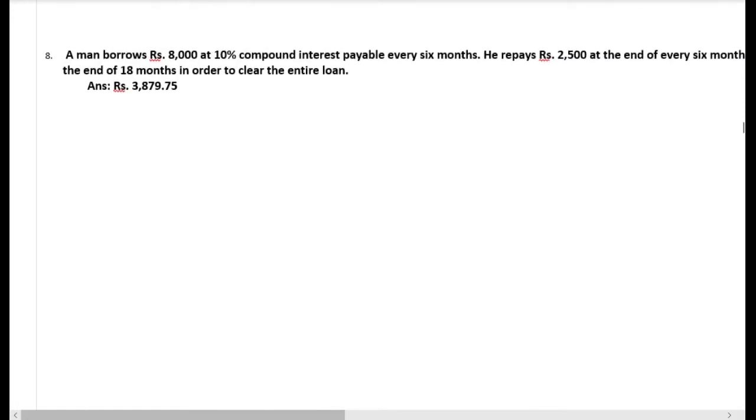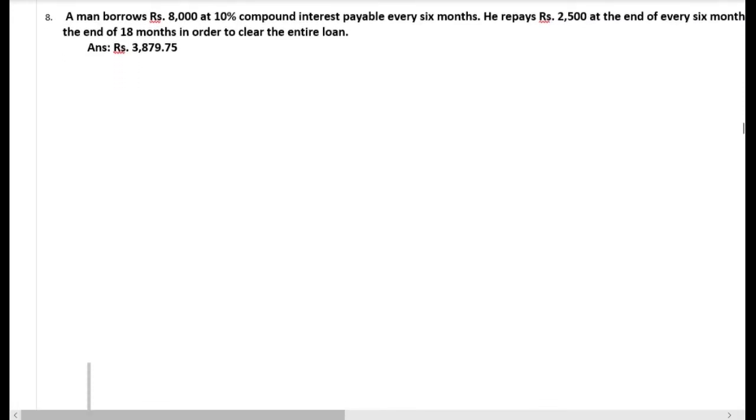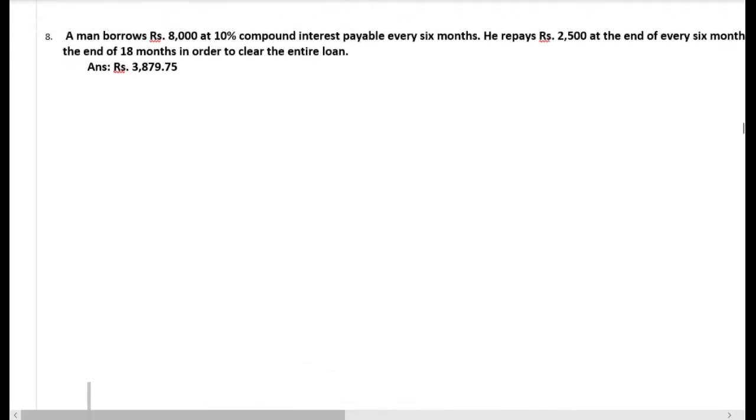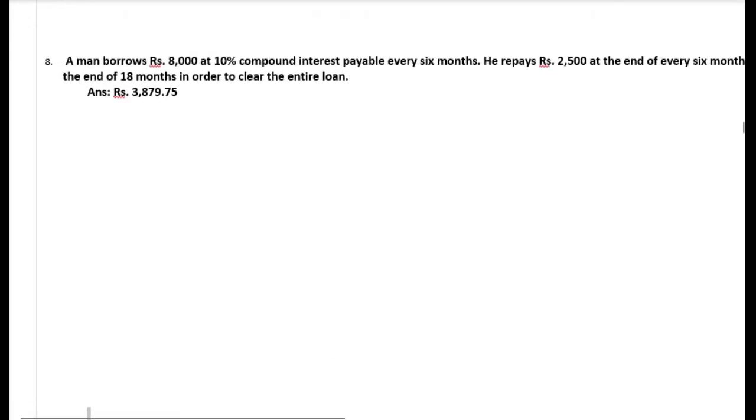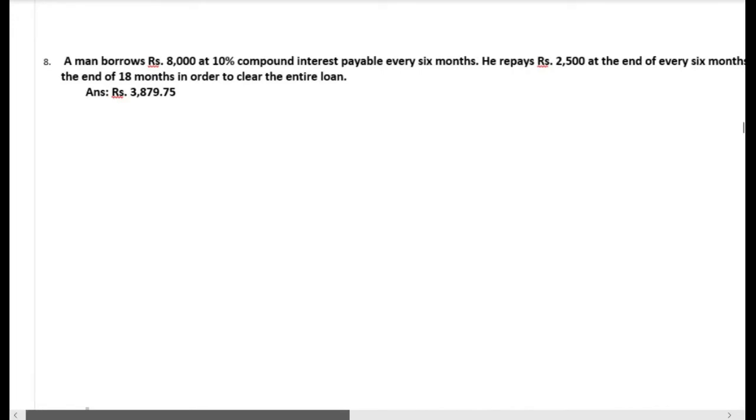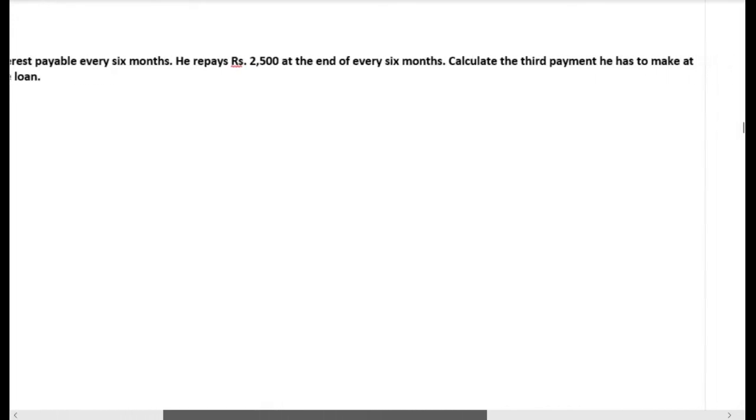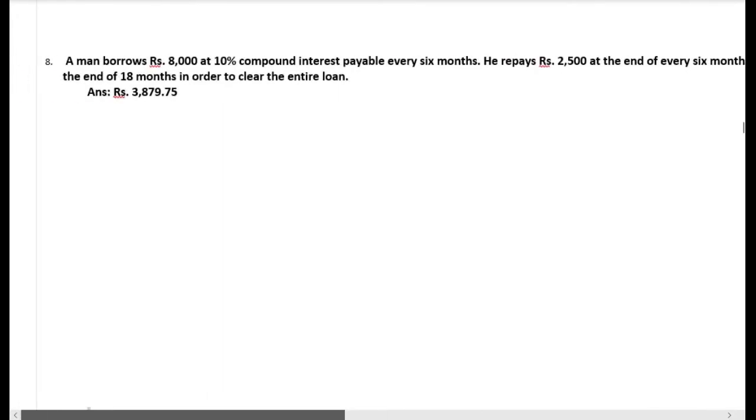After every 6 months, he pays the same amount, 2,500. Calculate the third payment he has to make at the end of 18 months in order to clear the entire loan. The same thing like the Ranbir wala question.